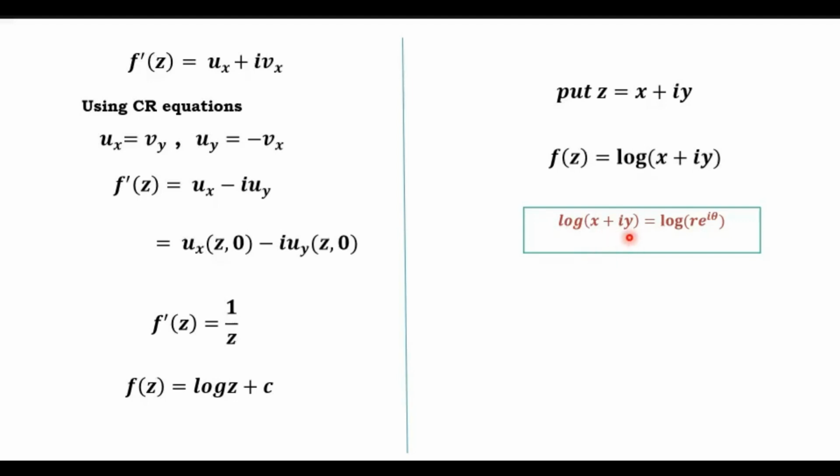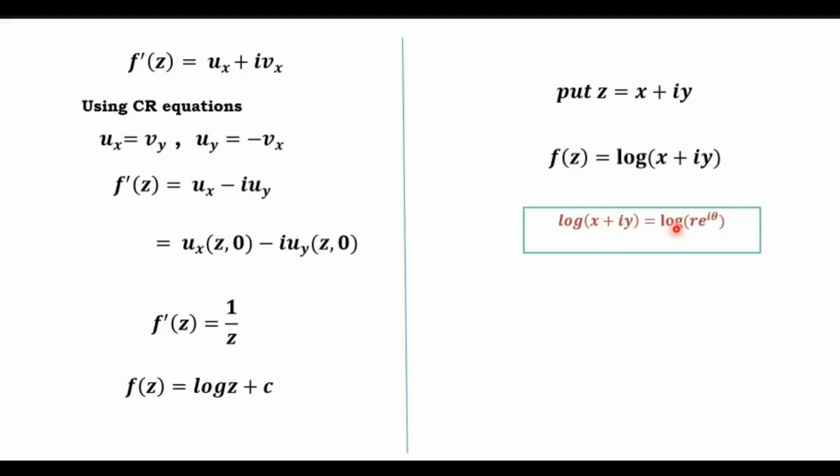It is square root of x square plus y square. And theta is the argument. Theta is calculated by tan inverse of y by x. Okay. So any complex number in the Cartesian form can be written in the polar form as r e raised to I theta, where r is the modulus of this complex number and theta is the argument.